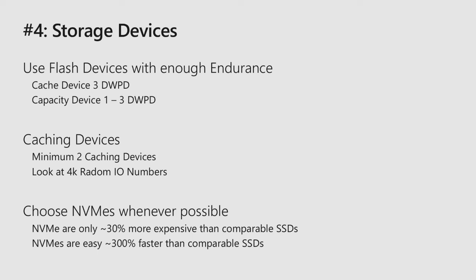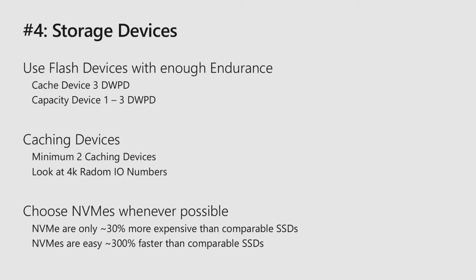So if the flash devices are not working anymore, you may have a problem with losing metadata, and then all your data is there, but the storage system doesn't know where it is, because this data is stored in the fastest devices. So your fastest devices should have the best endurance in your cluster.